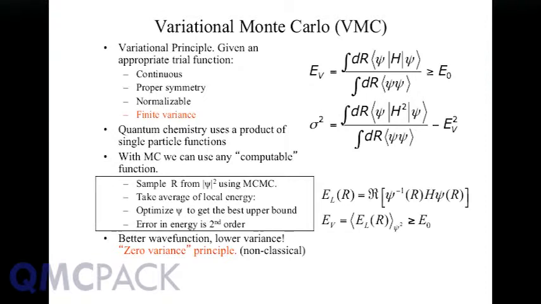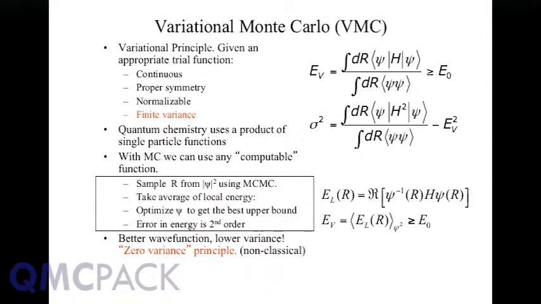Now, I wrote down this formula for the local energy. Again, this is something that's going to occur over and over again. I wrote it down for generally complex wave functions, so you have just the real part of the local energy that comes in, right? Because usually when you have systems without magnetic fields, you can just deal with the real part of wave functions. Better wave functions means lower variance. I'll show you this a little.